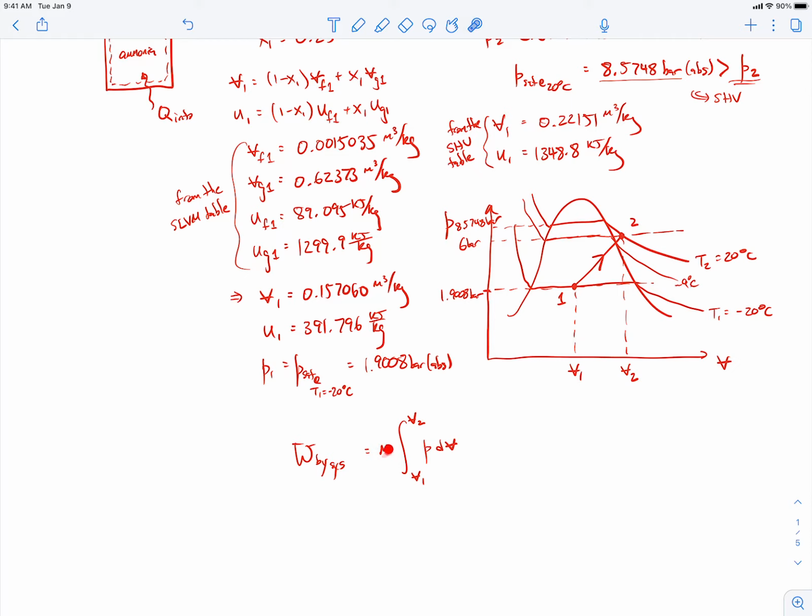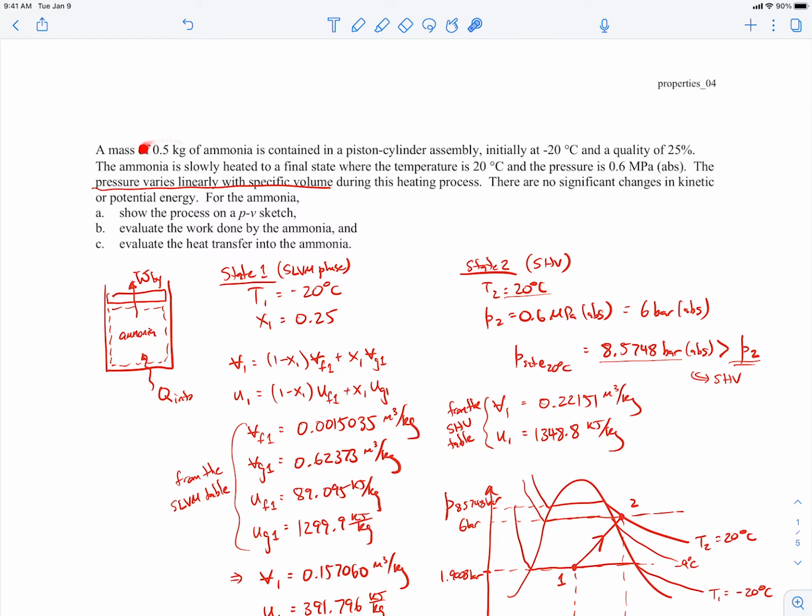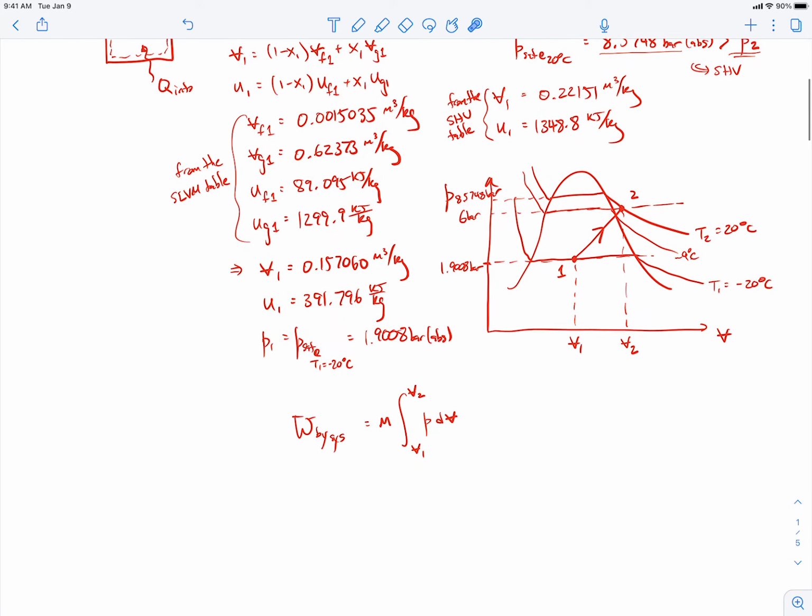Right? If you take mass times specific volume, that gives you the actual volume. So I'm just going to leave it as specific volume here because I have a specific volume at 1 and specific volume at 2, and then to convert this to the actual work rather than work per unit mass, I just multiply by the mass. And the mass is given, right? The mass is given right up here as 0.5 kilograms.